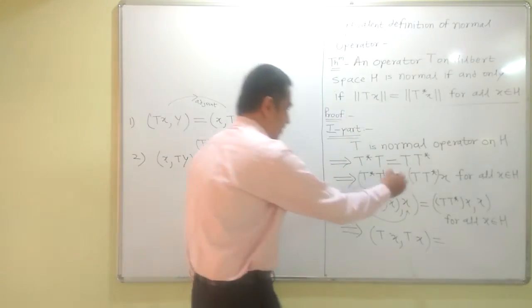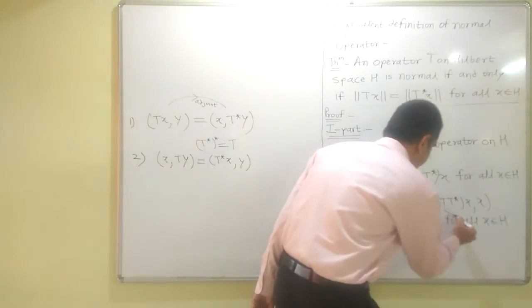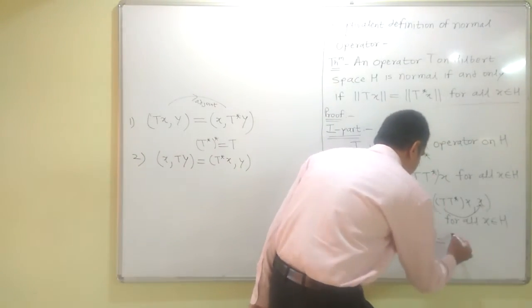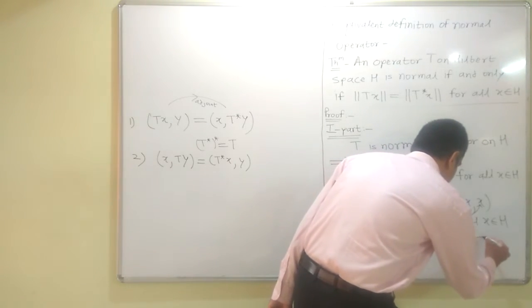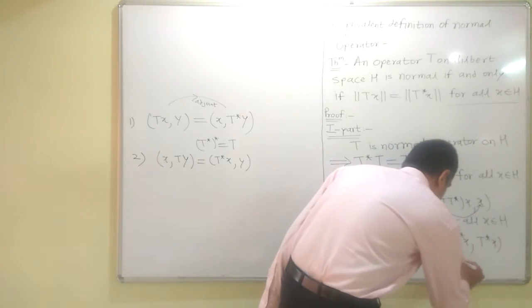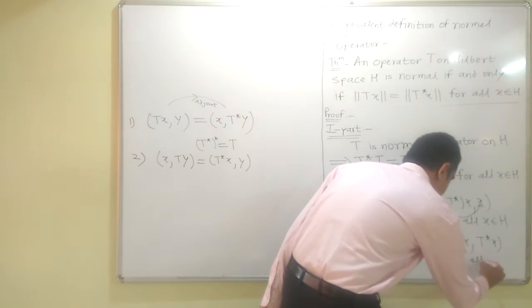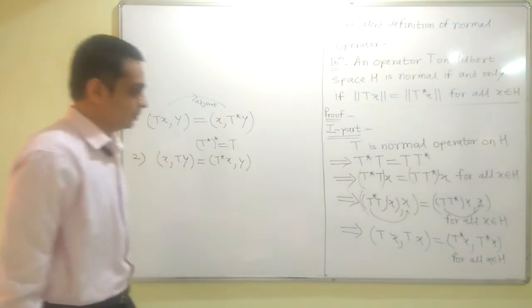So this T star gets converted into Tx, and similarly, if I shift this T here, it will become T star x. So T star x, T star x for all x belongs to H. So this holds for all x belongs to H.